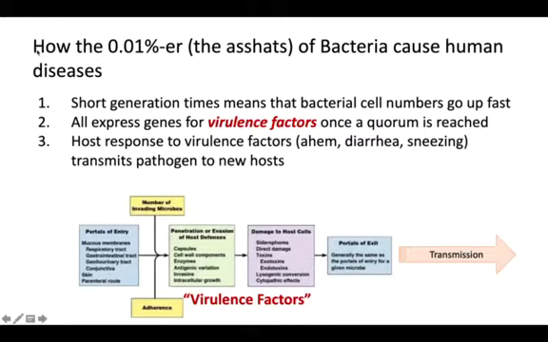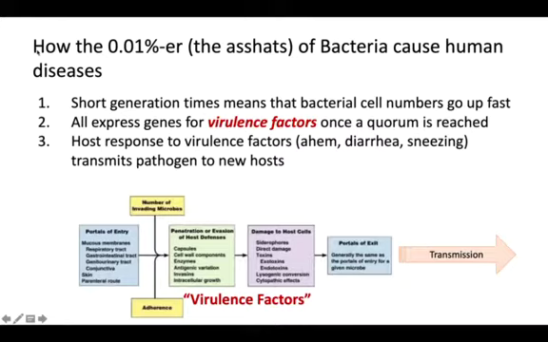Down here at the bottom, we have a scheme of an infection. Each of these boxes is showing different stages in an infection, what the bacteria does. First off, they have to enter the host.